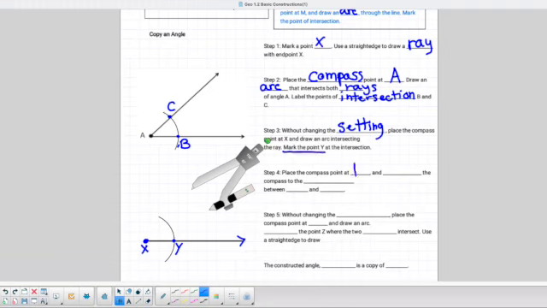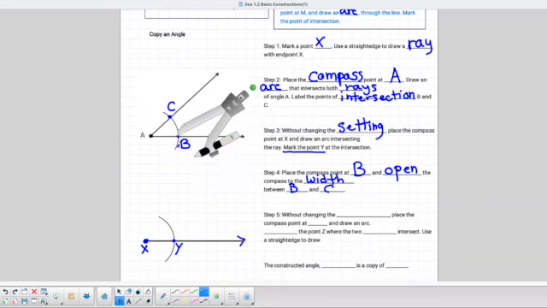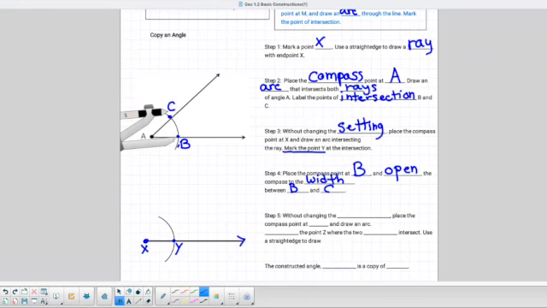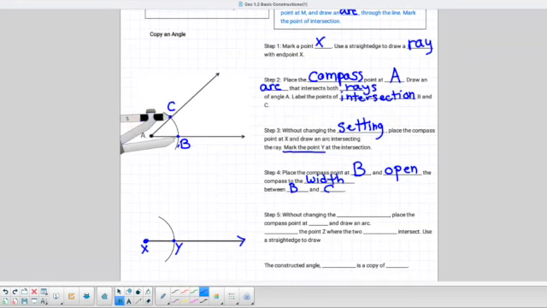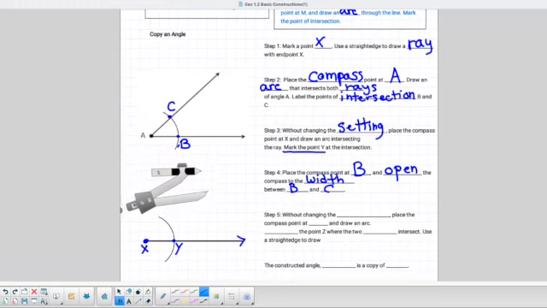Place the compass at point B and open the compass to the width between B and C. Okay, so that's all we had to do is we just changed the width of the compass.